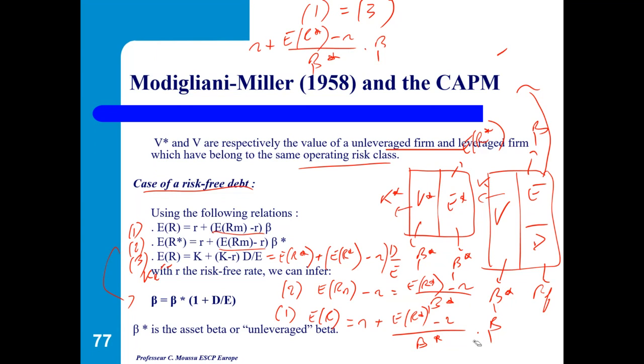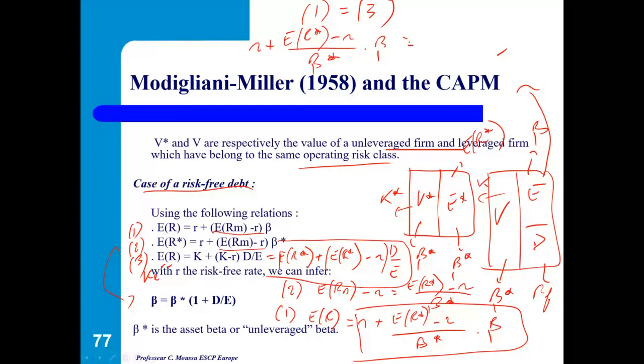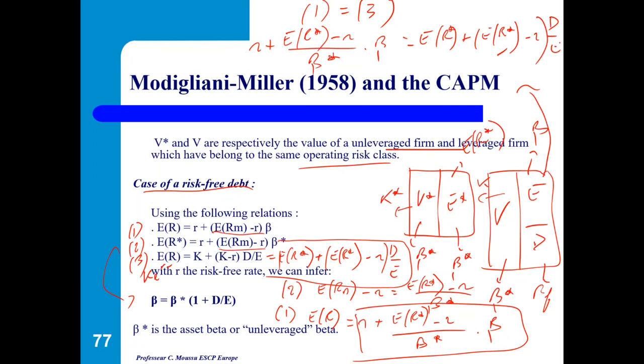So here is my 1 equal to 3, and the 3 that I am interested in is equal to ER star. It's just some small maths, but it's good that you know a little bit about where it comes from.